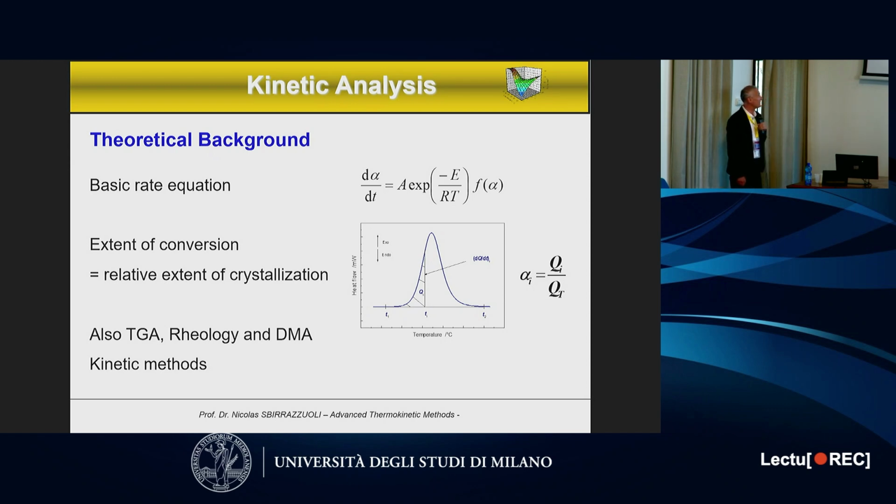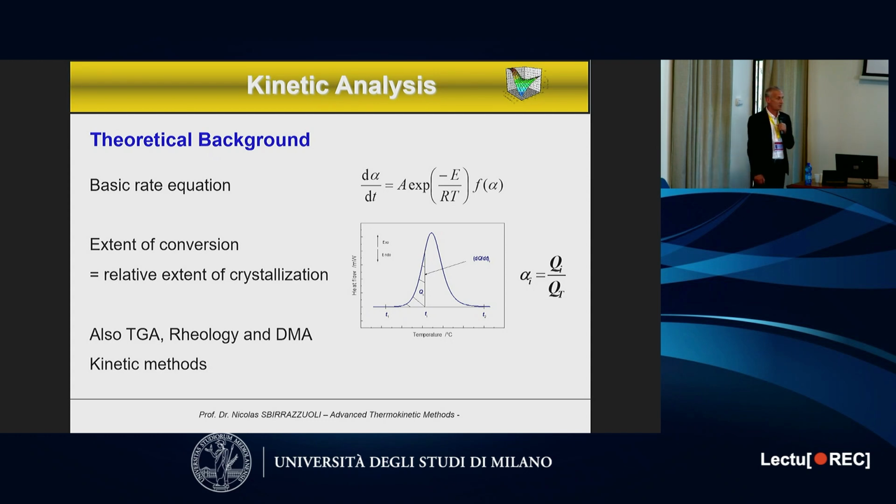For kinetic analysis, we use what we call the basic rate equation. We have the reaction rate. You recognize the pre-exponential factor, activation energy, and so on. One important parameter for kinetic analysis is what we call the extent of conversion.